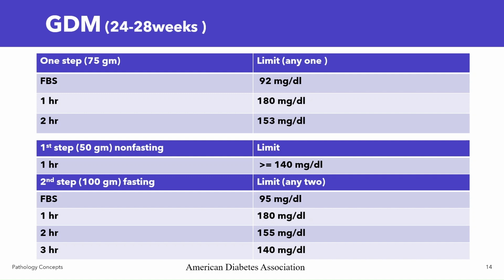In the second step test, the fasting blood glucose level is measured, and if it is less than 95 mg per dl, then it is considered to be normal. In the first hour, it should be less than 180 mg per dl. In the second hour, it should be less than 155 mg per dl. In the third hour, it should be less than 140 mg per dl. If any two of these levels are elevated, then we can consider that the patient is suffering from gestational diabetes mellitus.